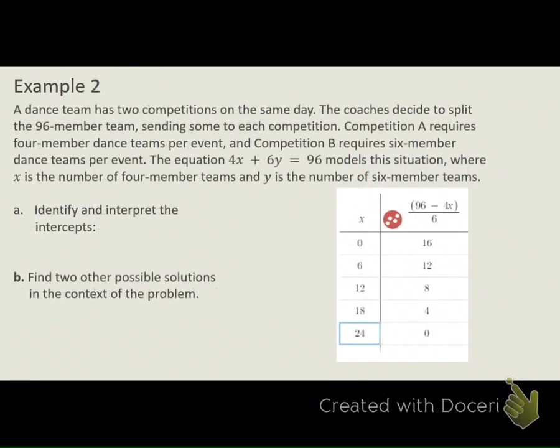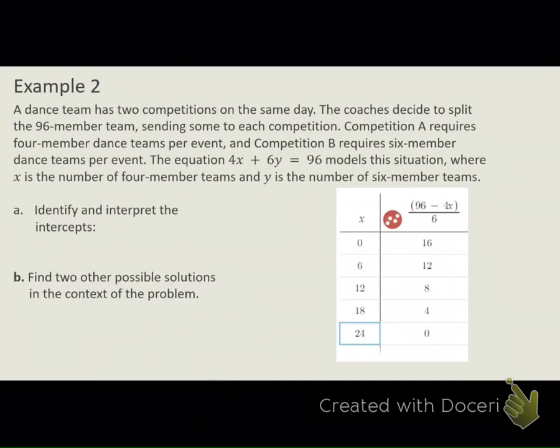Okay. A dance team has 2 competitions on the same day. The coach decides to split the 96-member team, sending some to each competition. Competition A requires 4-member dance teams per event, and competition B requires 6-member dance teams per event.